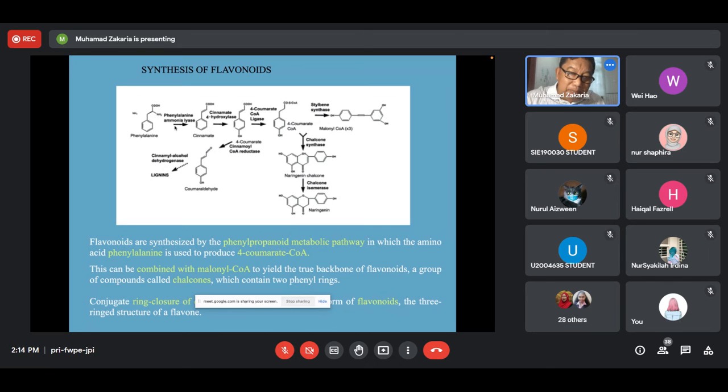Lignin is a substance that forms the structure of wood. For the strengthening of the wood or the tree, it is lignin that binds to the structure of the cambium.